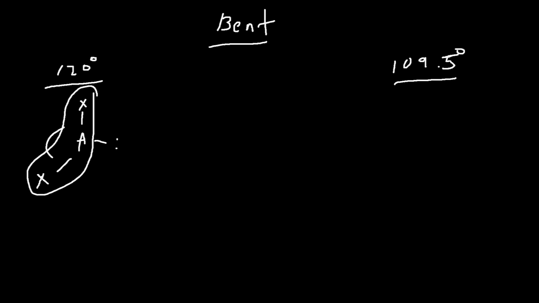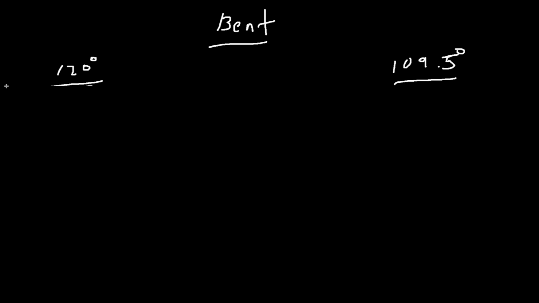A good example of this, real quick, is SnCl2. Because in SnCl2, Cl only bonds once because it's a halogen, right? But Sn still has this lone pair up here.